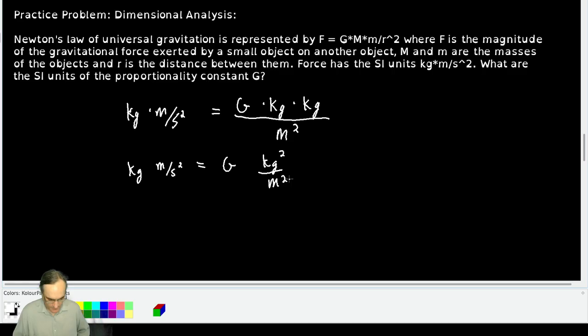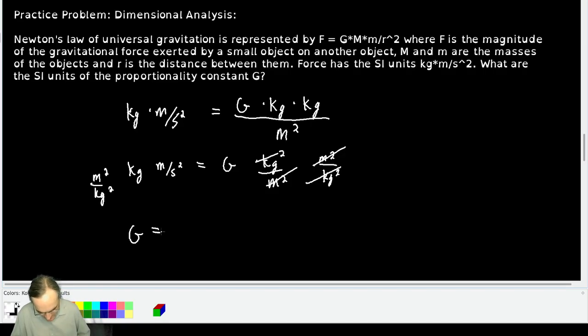All right. We just need to isolate big G and we'll find its units. So as you can see, we'll multiply by meter squared divided by kilogram squared on both sides. And that will move our stuff over. All right, so we get kilogram meter cubed over kilogram squared second squared.